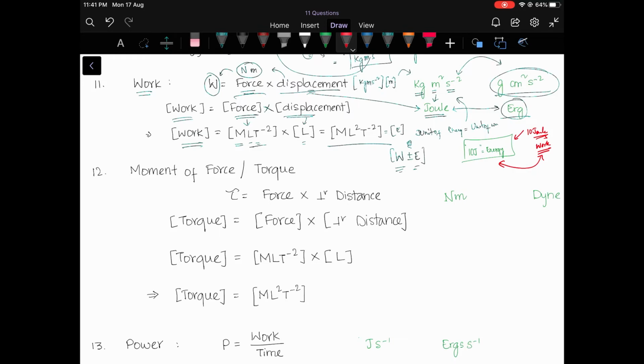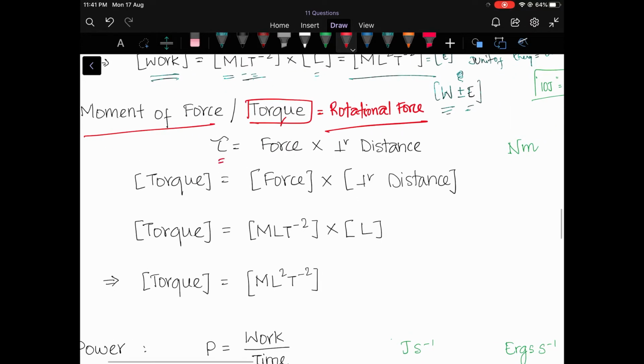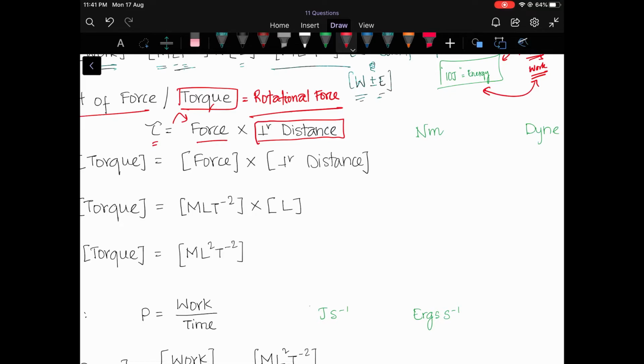Next we have something called moment of force, which you will learn later in another unit, which is also known as torque. This can sometimes be thought of as rotational force. Now torque is defined as some force times some distance that we call perpendicular distance. So the unit of torque will be Newton meter, because force is measured in newtons and distance in meters.